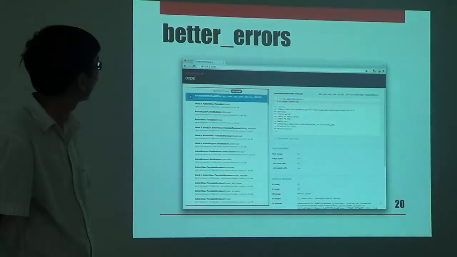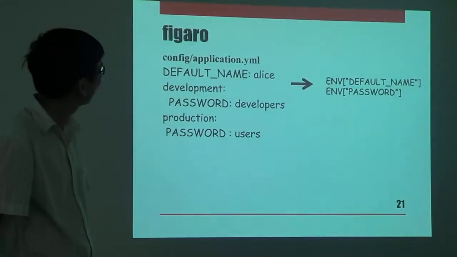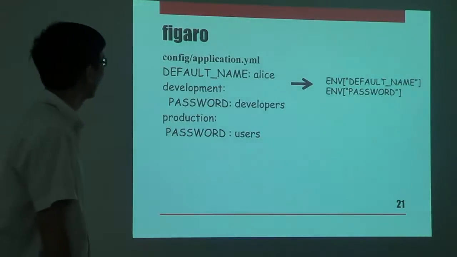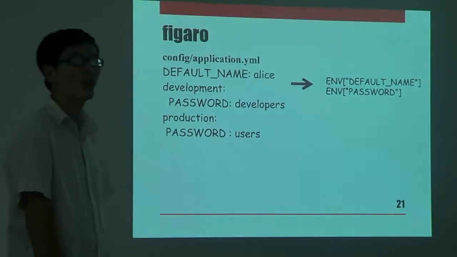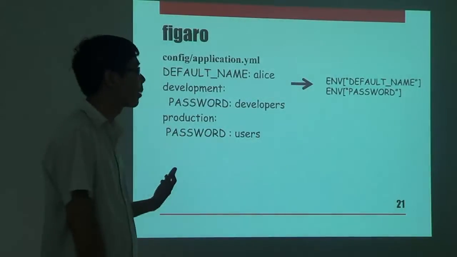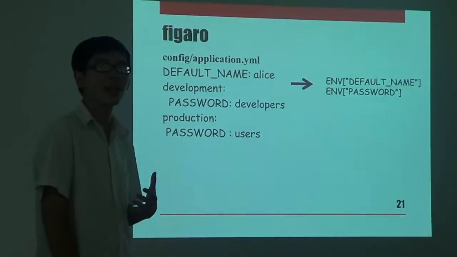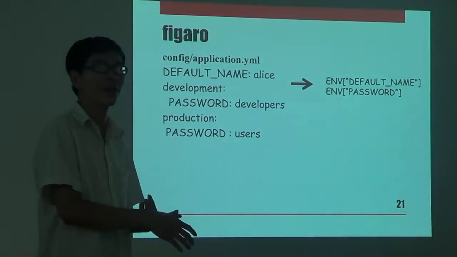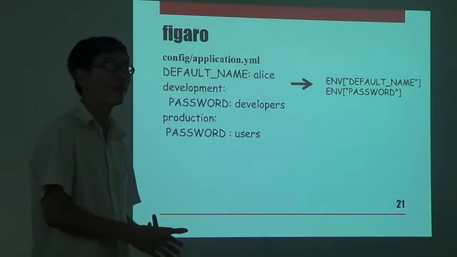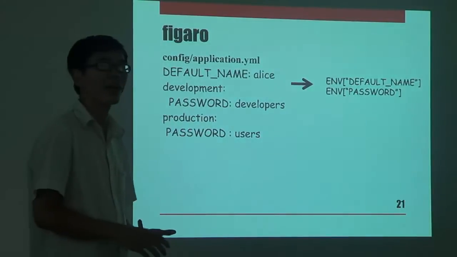And the next gem is the Figaro gem. When you develop, I think that you have many environments, such as development environment, test environment, production environment, and in each environment you have a different configuration.